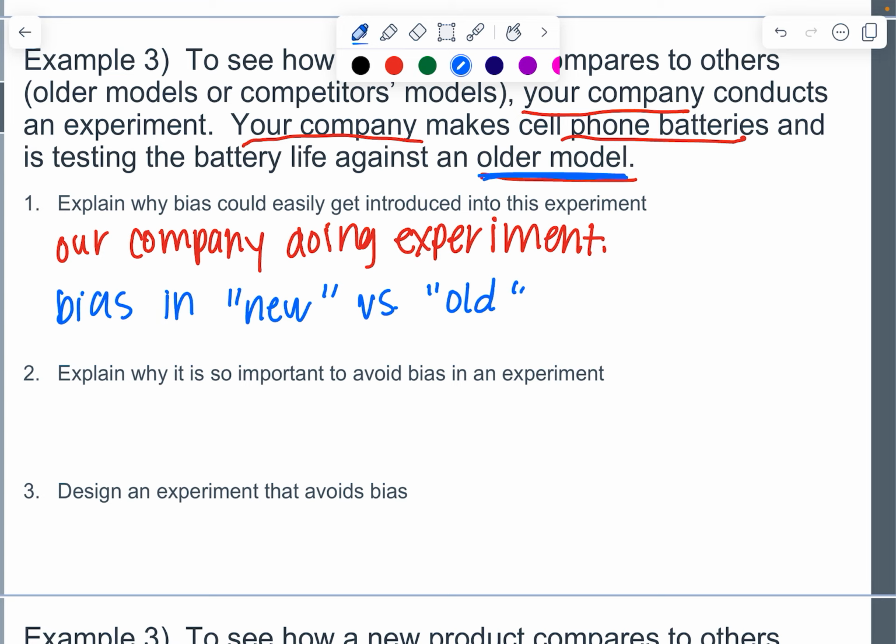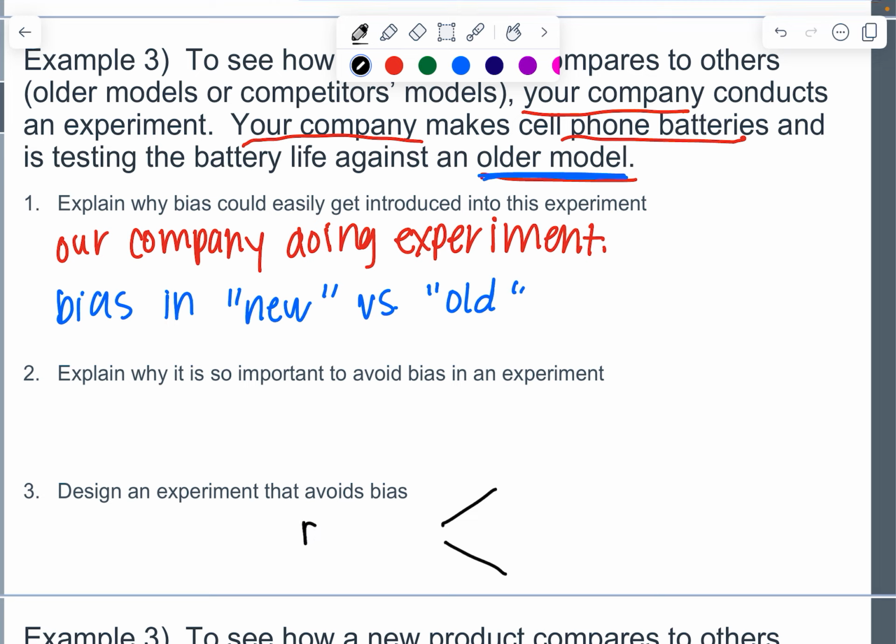It's really important to avoid bias because a lot of people are spending a lot of time, energy, and money. We want to make sure that this is actually effective and actually going to improve people's lives. So that's important. And if we wanted to design an experiment that avoids bias, we would first want to set up our randomized experiment, select random batteries, right?